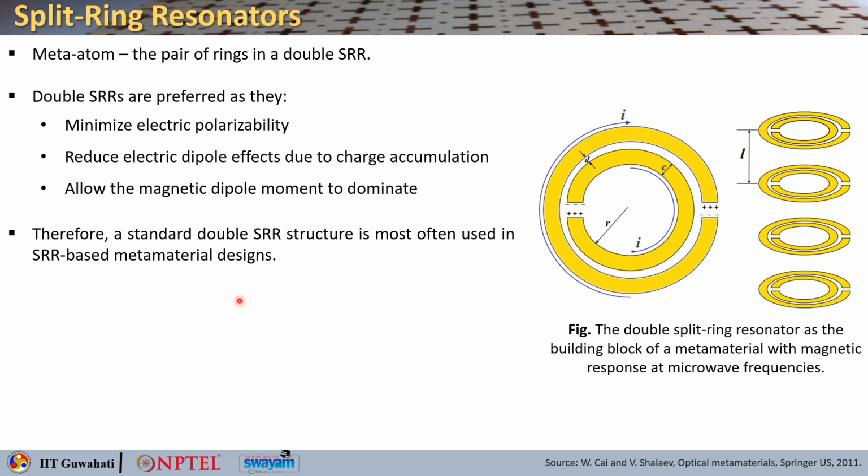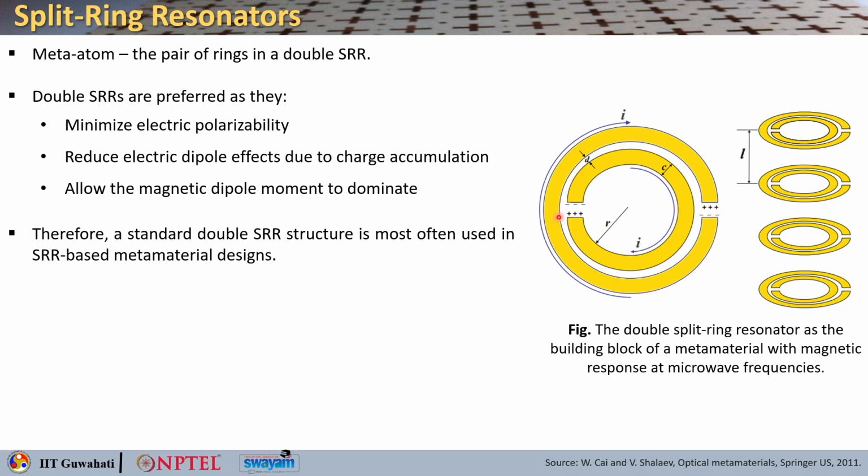So, that is why a standard double split ring resonator is mainly used as the metamaterial meta-atom, not a single one, because once again in a single SRR, the cumulative charges will be around the gap, and that will give you a pronounced electric dipole moment, and that may overshadow the desired magnetic dipole moment.